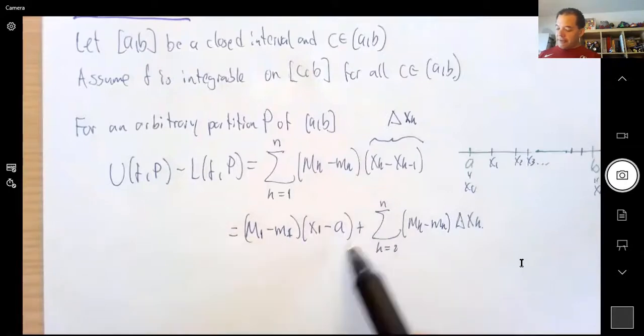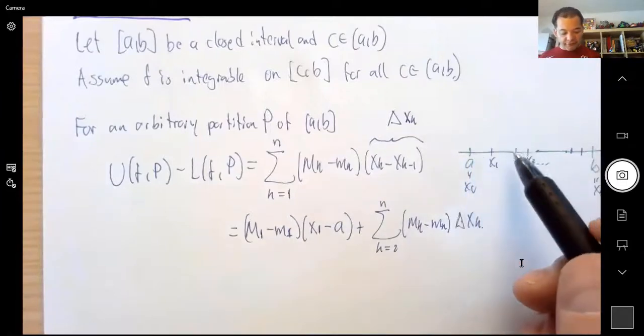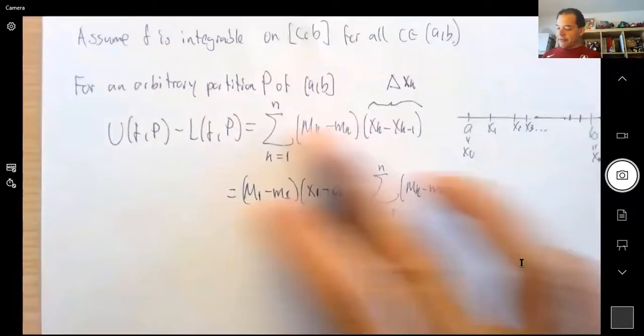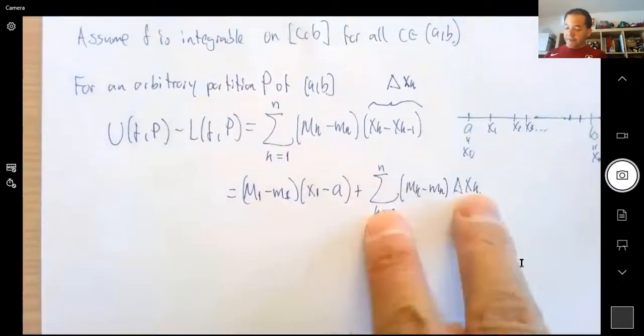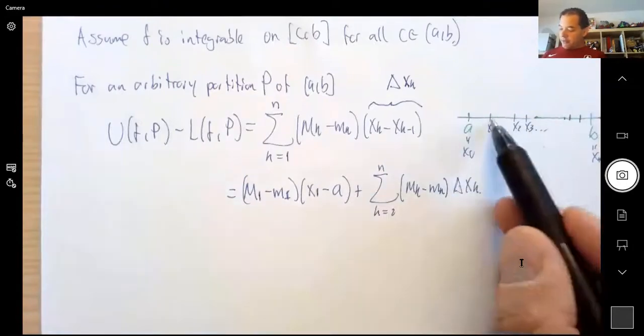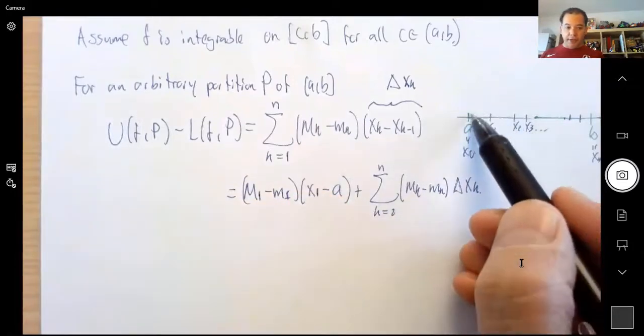And then this I can make as small as I want by picking the x1 sufficiently close to A. Does that make sense? So here we go. This is the idea of how I just presented it to you. The idea is control the second part because the function is integrable from x1 to b. Control the first part because we can make x1 really close to a.